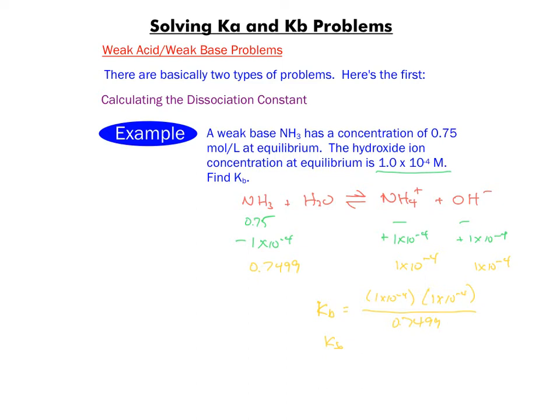Then we're going to divide by 0.7499. And that's going to give us a Kb value of 1.33 times 10 to the negative 8. Okay, so that is the Kb value for that situation.